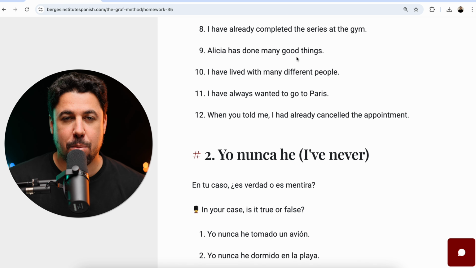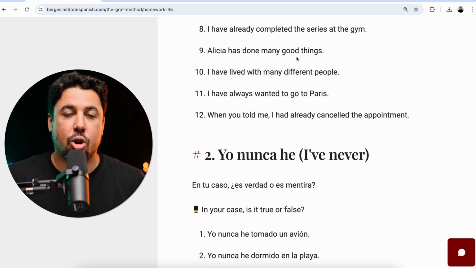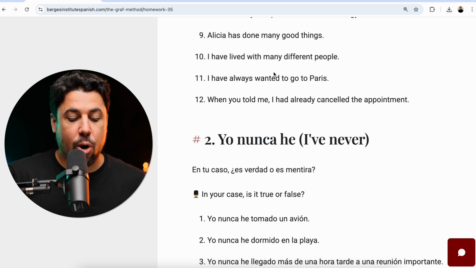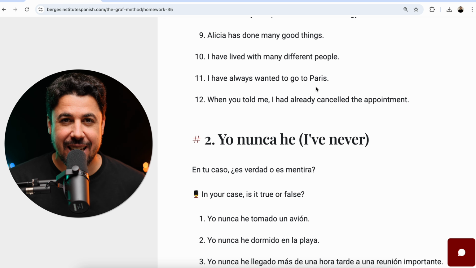Yo he vivido con muchas personas diferentes o con mucha gente diferente. Gente is singular in Spanish, right? And I have always wanted to go to Paris. Siempre he querido ir a París.